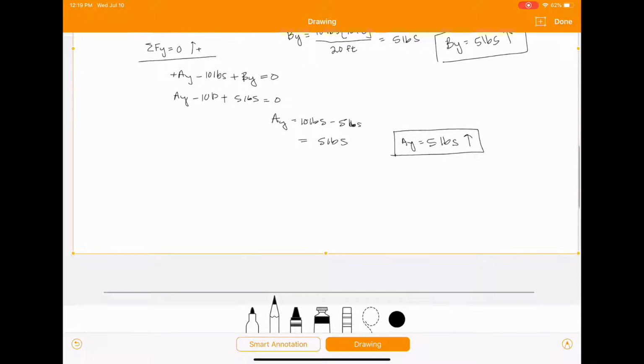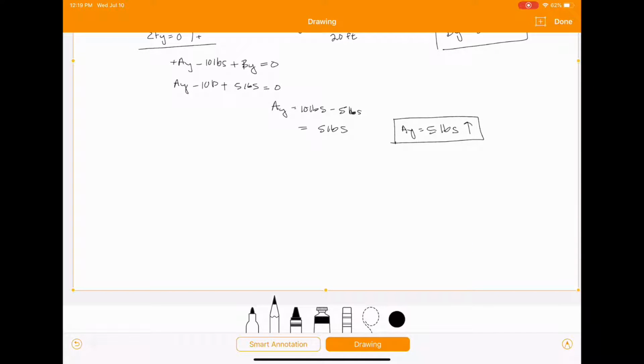Now, really quickly at this point, if we would have drawn our free body diagram like this, and done our sum of forces y equals 0, up is positive, we're going to get a negative AY minus 10 pounds plus BY.